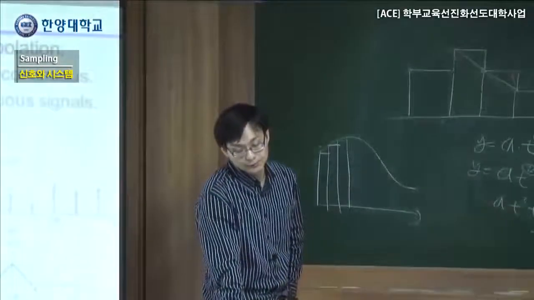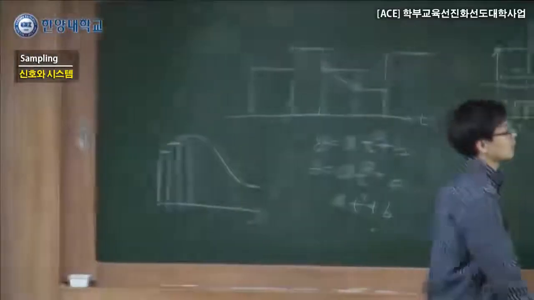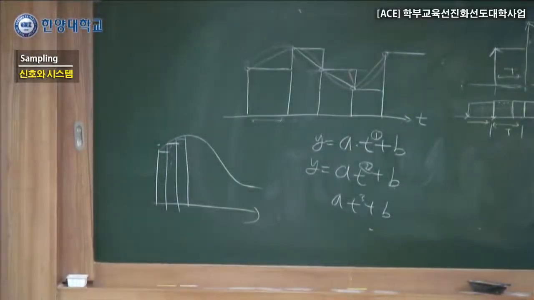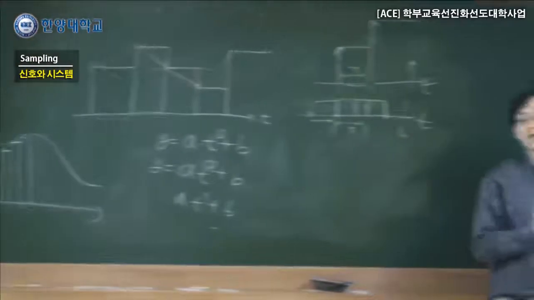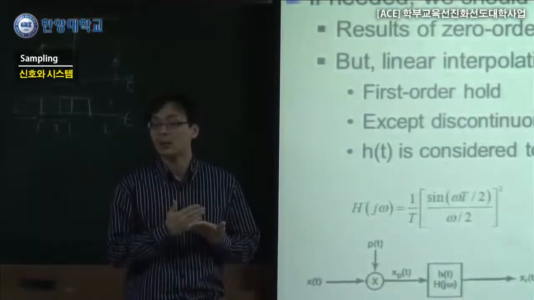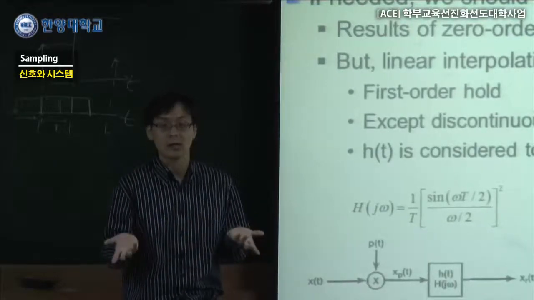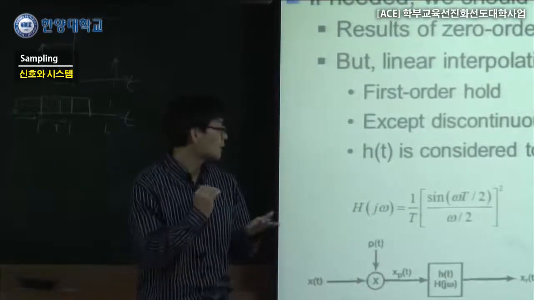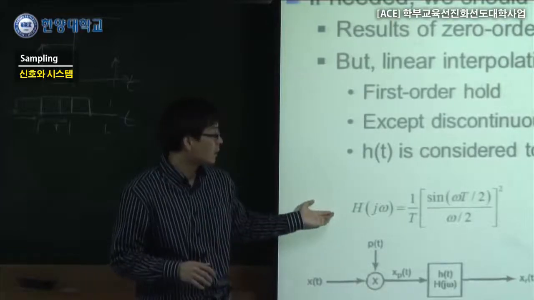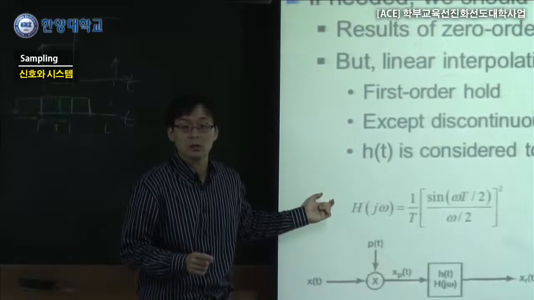We did not cover what kind of system we need to do those higher order interpolations. They are explained in our textbook, so if you're interested, take a look at it. However, what I can say now here is this needs to be a first order hold.